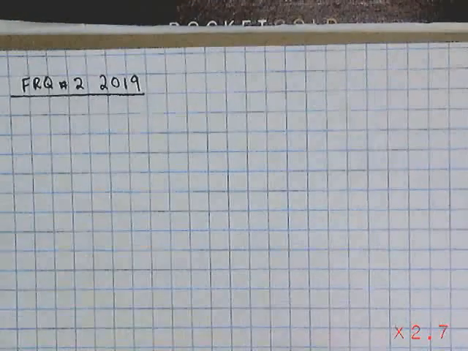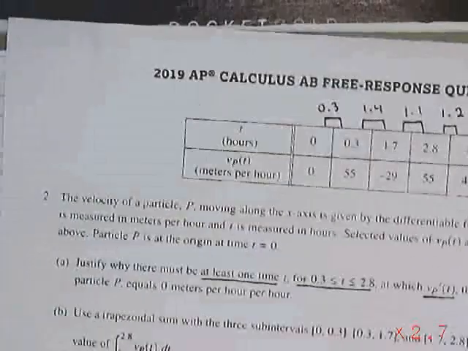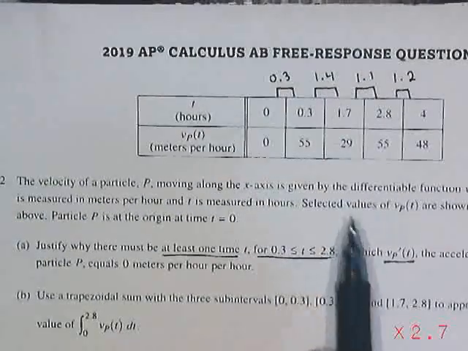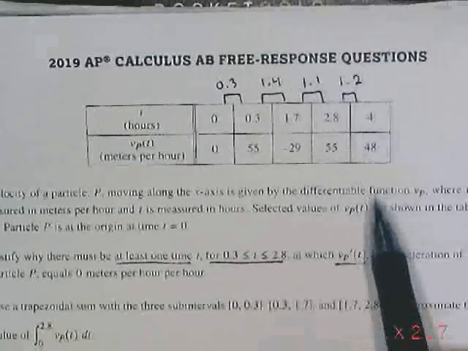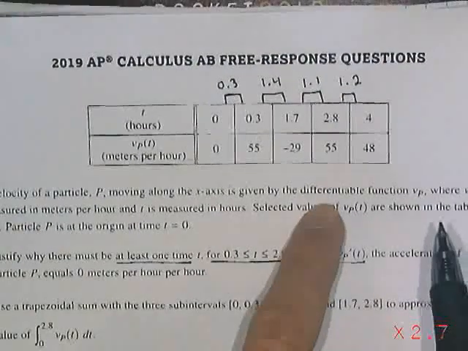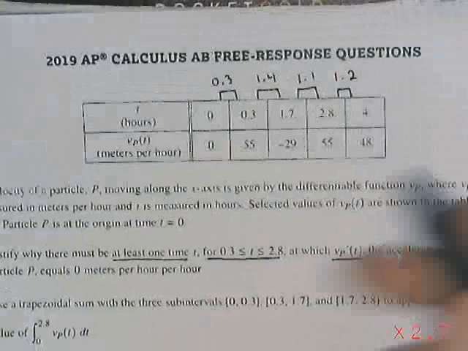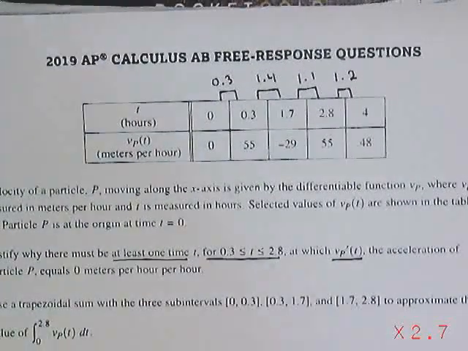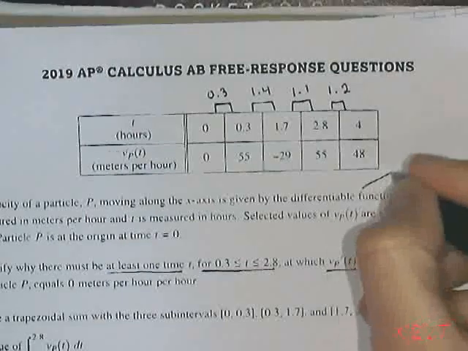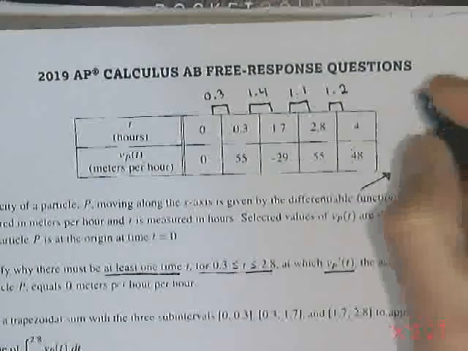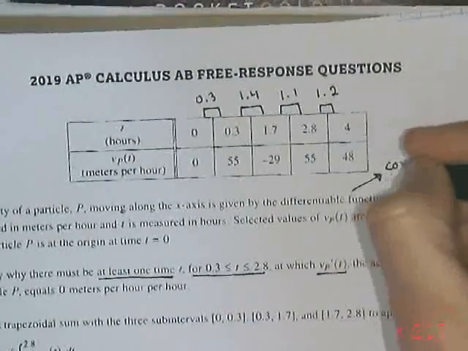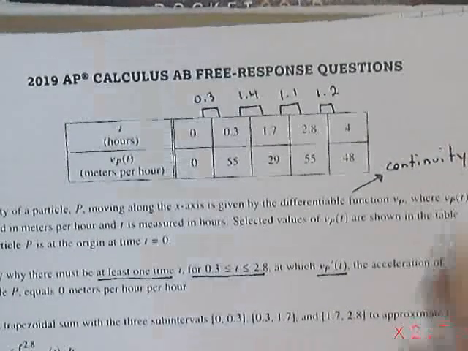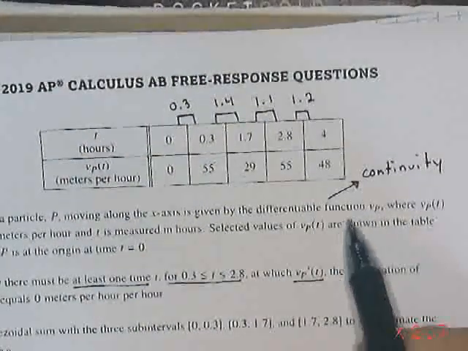Oh, forgot an important part in the build-up. Sorry about that. There's another magic word here: the differentiable part. The AP test likes to do this sometimes where they just tell you something is differentiable, but we need to read differentiable function and also tell ourselves, oh, differentiability guarantees continuity, not the other way around.